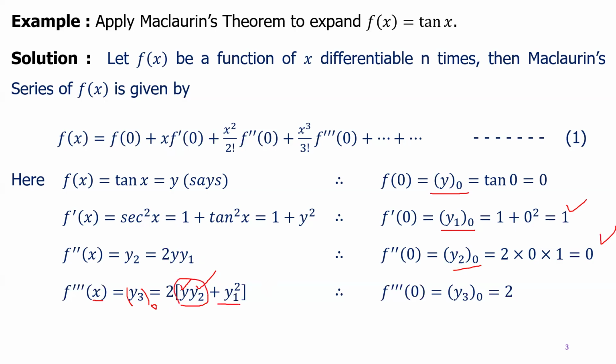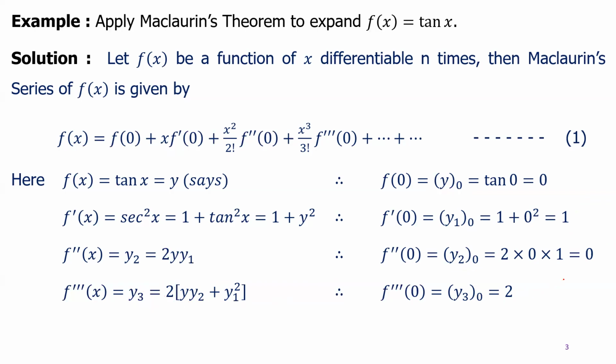But y1 square, what is the value of y1? Y1 is 1. So 1 square is 1. So 1 into 0 plus 1 is 1. We have to multiply this by 2. 2 into 1 is equal to 2. So f triple dash of 0, or we can say that y3 of 0, its value is 2.